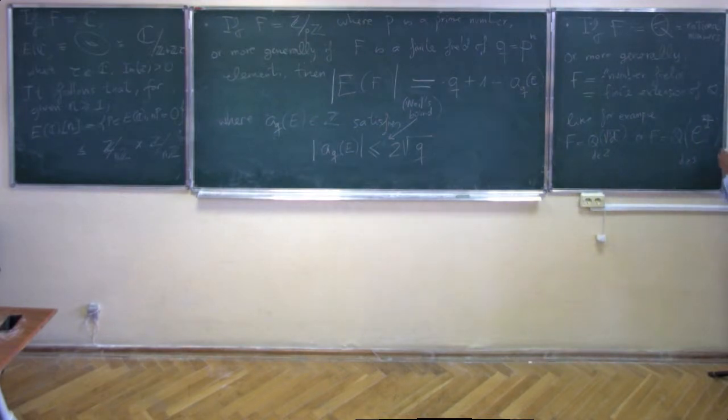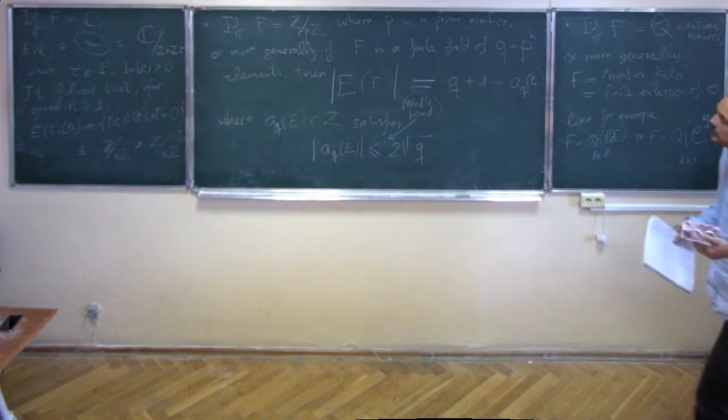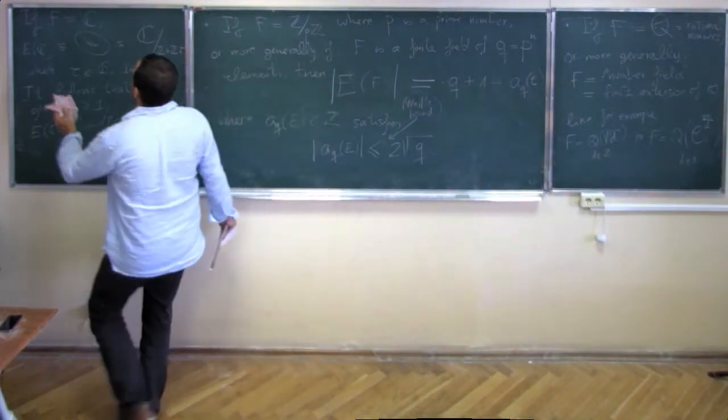So all the statements I will make about the set of rational points over F are valid for the field of rational numbers or for any finite extension of Q, which is what we call a number field.